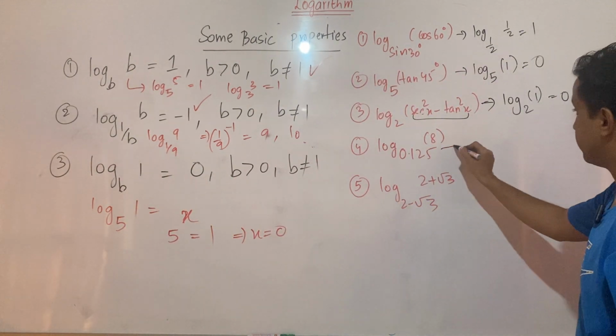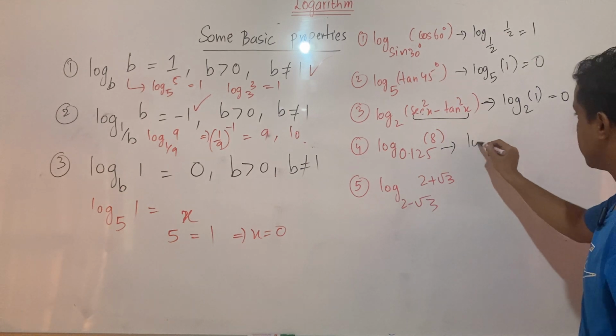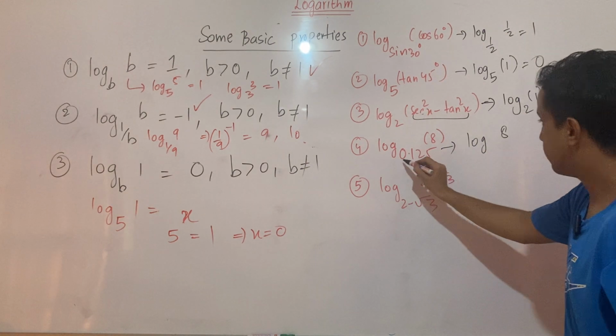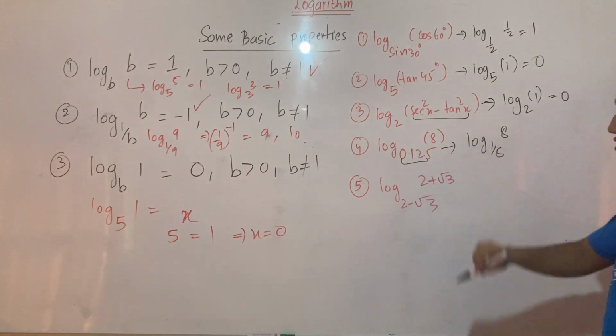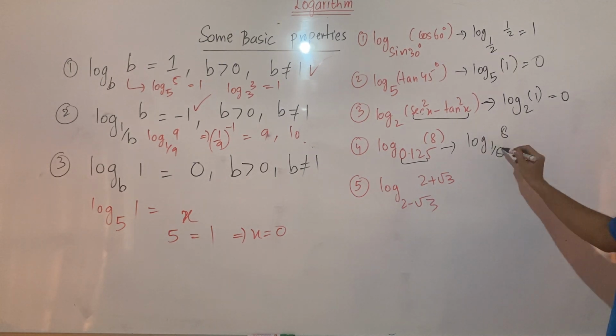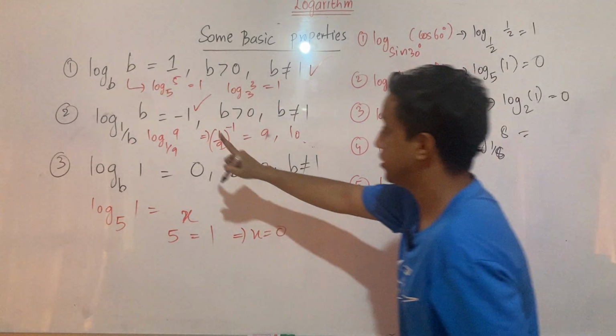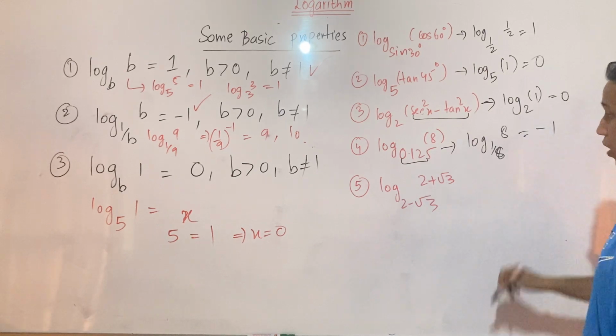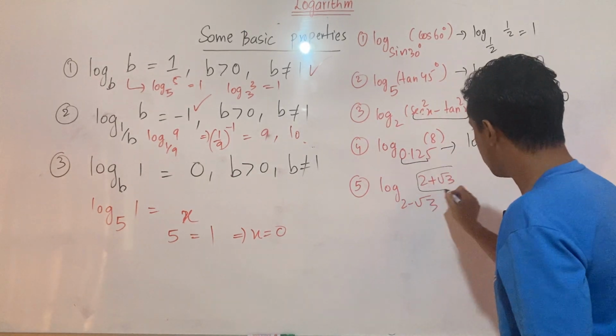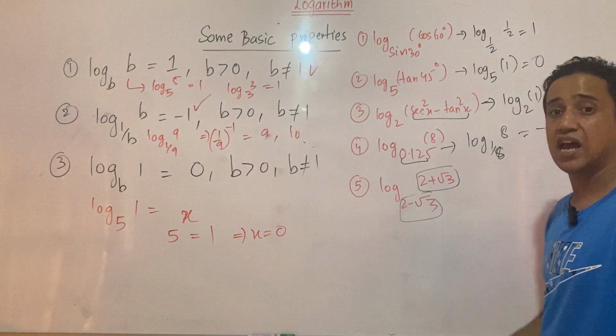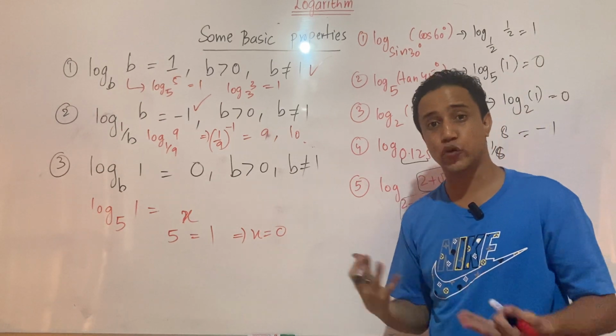Okay. If you look at it carefully, the base is 1 by 8. So log of b to the base 1 by b is going to be minus 1. Now, next is 2 plus root 3, 2 minus root 3. They are conjugate pairs.